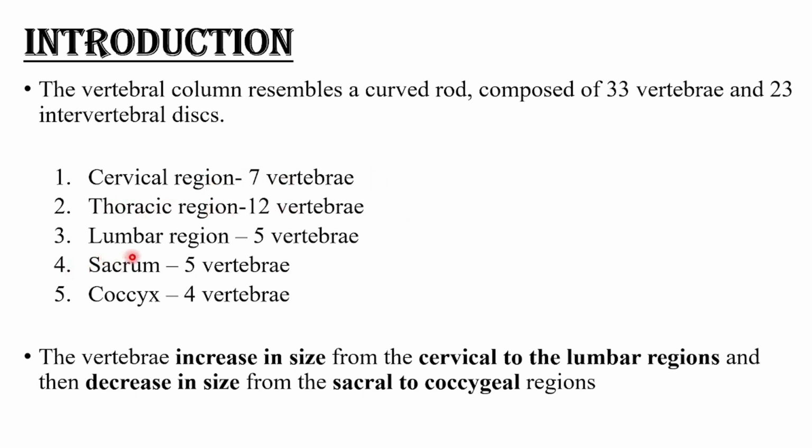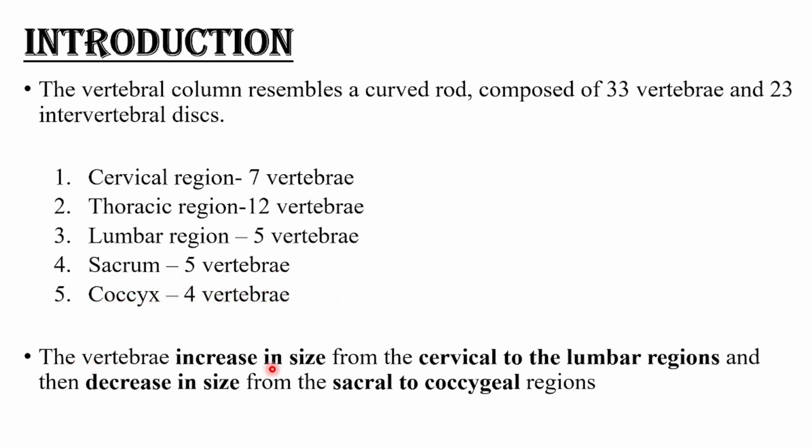The third region is the lumbar region, which consists of 5 vertebrae. The fourth region is the sacrum, which consists of 5 vertebrae in a fused manner. The fifth region is the coccygeal region, which consists of 4 vertebrae. Similar to the sacral region, these 4 vertebrae are also fused.